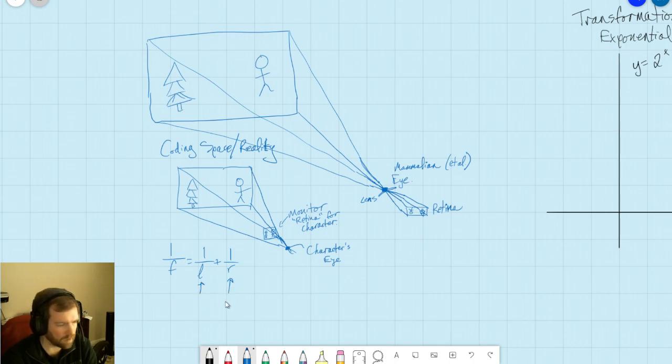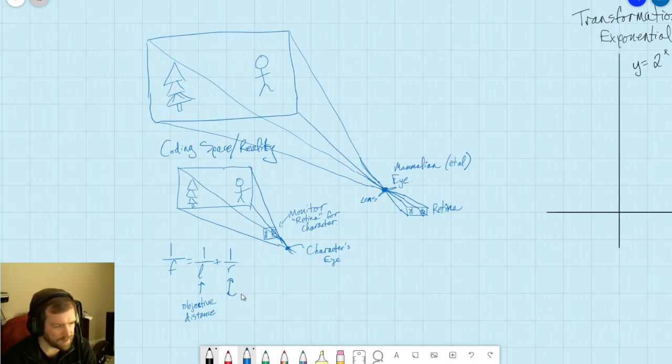L and R are the distances from, this is like the object or objective distance, which is more of a photography term, I think, although that could also just be wrong, or I could be using it wrong.